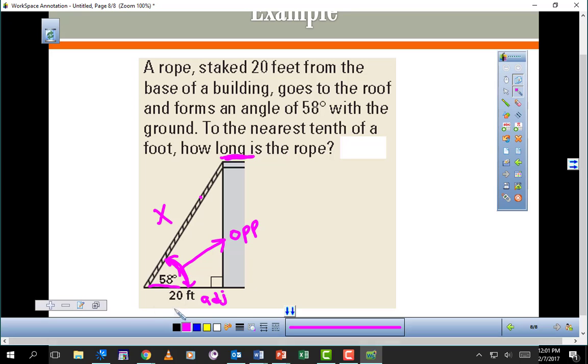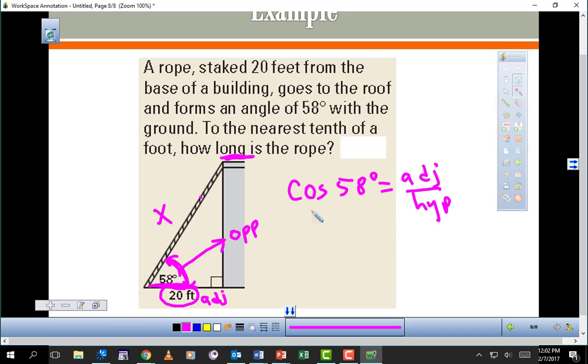On these problems, you need to figure out which ratio to use. Based on the information, I want to use cosine because I know the adjacent side. So I know cosine of 58 degrees is equal to the adjacent side divided by the hypotenuse.